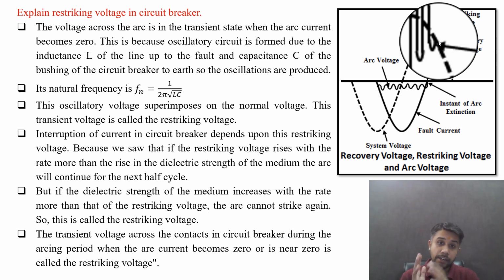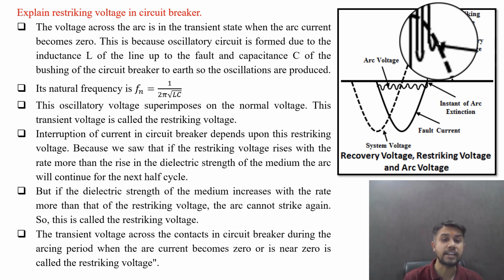But if the rate of rise of restriking voltage is lower than the rate of build-up of the dielectric strength of the medium, then the arc will extinguish and will not strike again. The statement on the rate of rise of restriking voltage and the rate of build-up of dielectric strength of the medium is based on Slepian's theory.